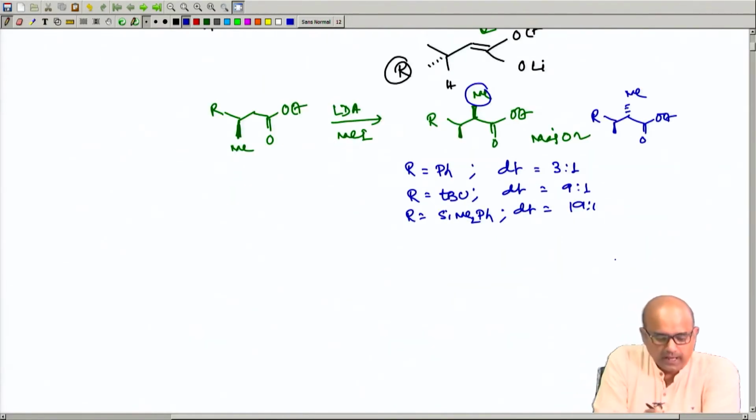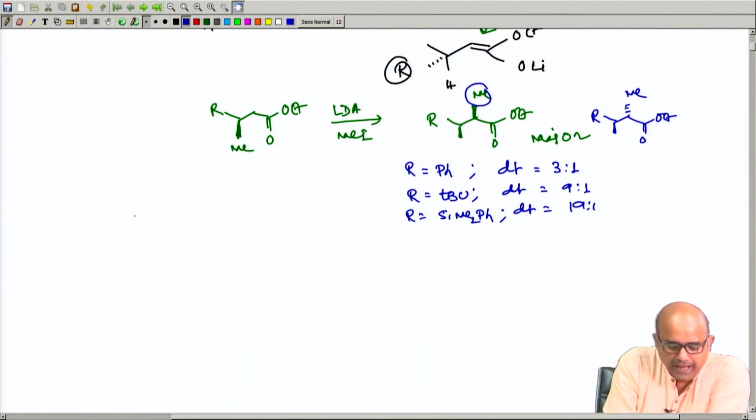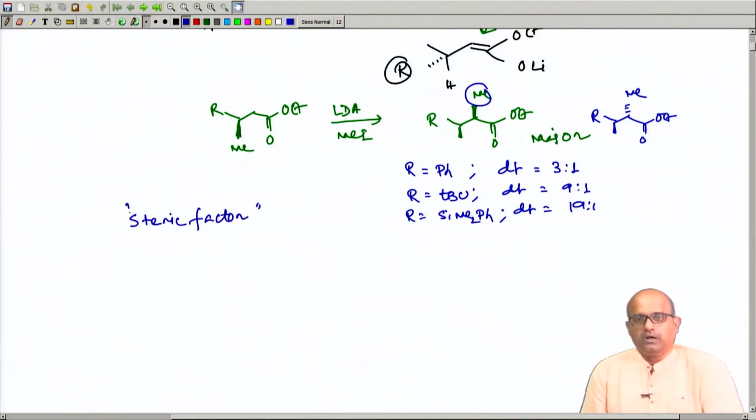So, this is a pure stereo control, and this stereo control can be explained by a steric factor. It is a purely steric factor in the alkylation mode. So, one of the faces of the enolate is more accessible, one of the faces is less accessible, and that is quite evident from different factors.